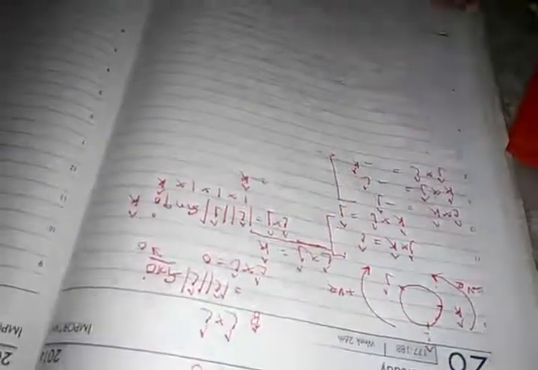So these values are used in the cross product. Say equation number 1.